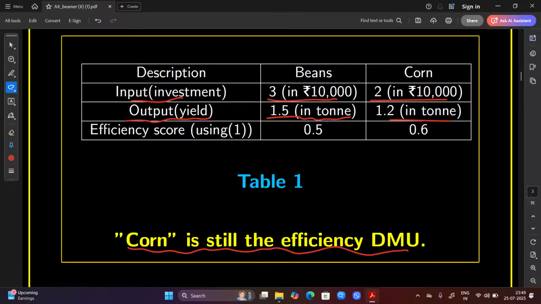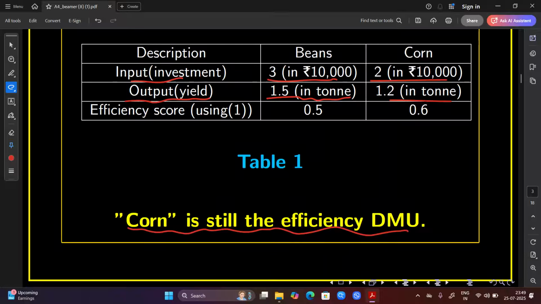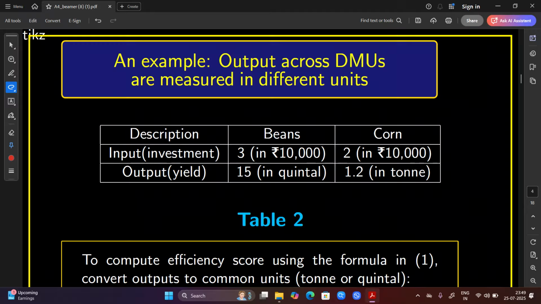Once again, I will consider a different case. An example where outputs across DMUs are measured in different units. Here the same condition applies, but you can see in output 15 in quintal and 1.2 in ton. The unit is not the same.